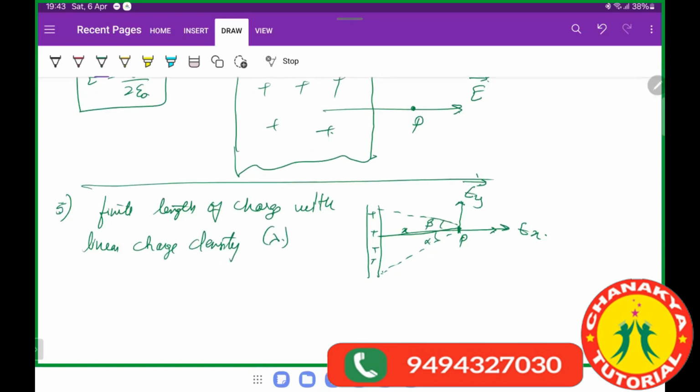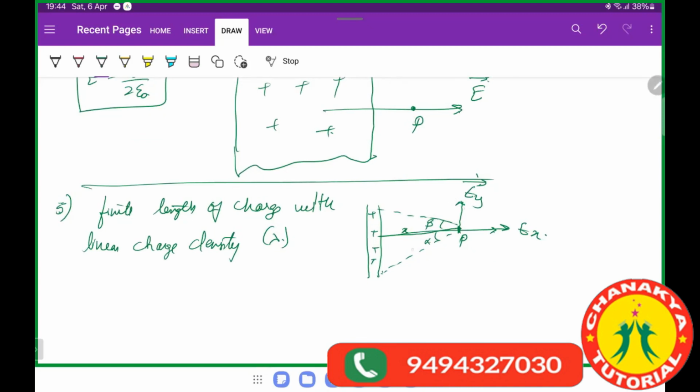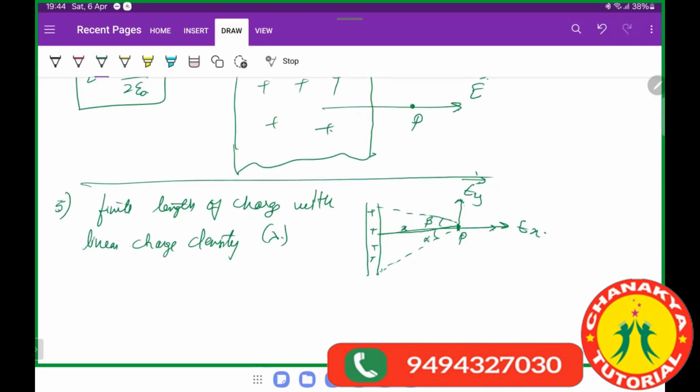If I consider the x axis, there will be a sine component, and the y components will be in opposite directions, one here and one here. Beta will be upside and alpha will be here. So Ex equals K lambda by x times sine alpha plus sine beta.